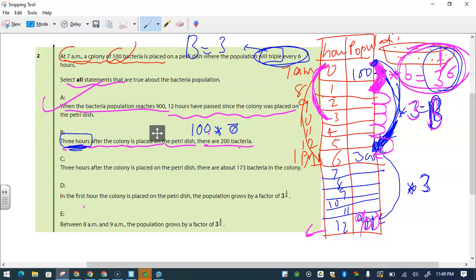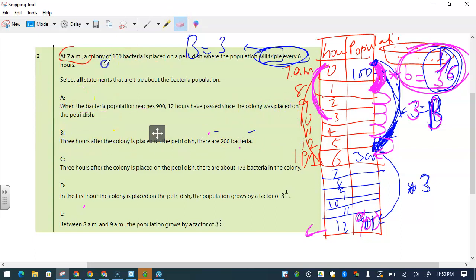So we'll have to write 3 raised to 3/6, and you can see that is 100 multiplied by 3 raised to half, which is the square root of 3. It cannot be 200 because there's going to be a square root of 3 here. Look at this. So that cannot be the answer.